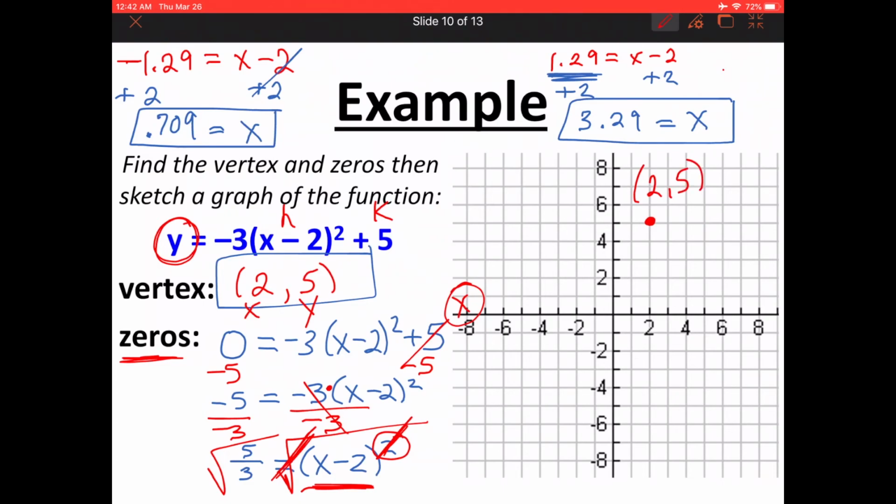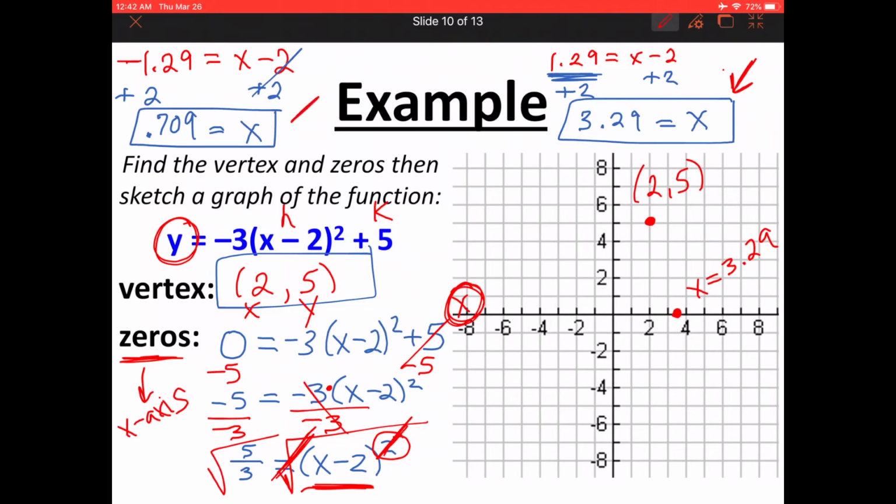Now remember, my zeros are where I cross the x-axis. So if x equals 3.29, on my x-axis, I'm going to go to 3.29, which would be right around here, right? This would be x equals 3.29.